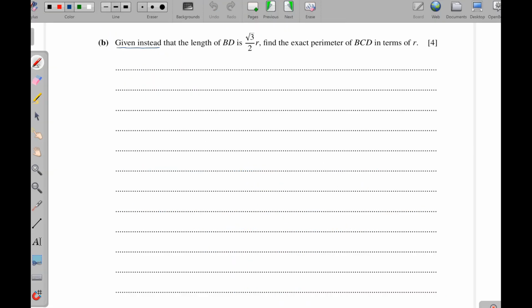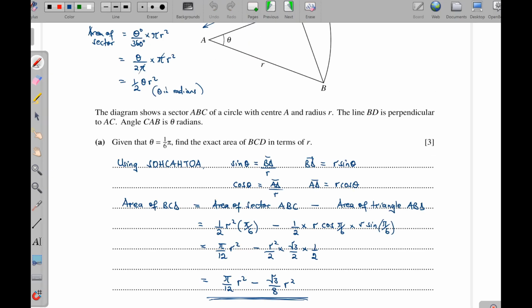Then part B, given instead that the length of BD is root 3 over 2 of R. Find the exact perimeter of BCD in terms of R. So length BD. Now BD, right from here, we got it as R sine theta, right?